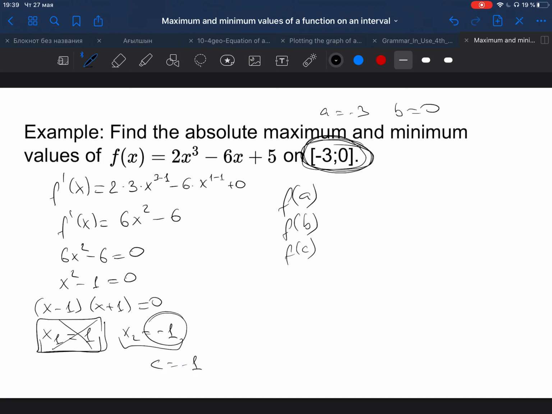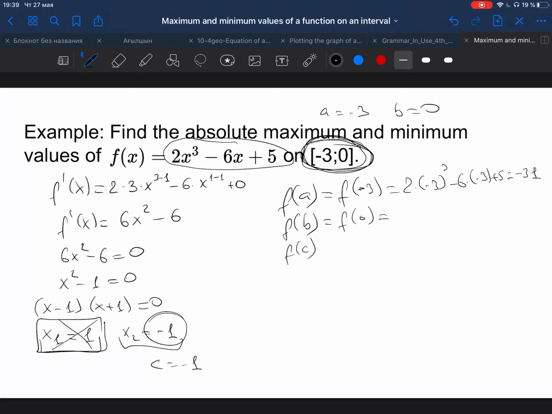Let's find f of a firstly. a is equal to minus 3. From that, we need to put this number instead of x into the given initial function. 2 multiplied by minus 3 cubed minus 6 multiplied by minus 3 plus 5 will be equal to minus 31.